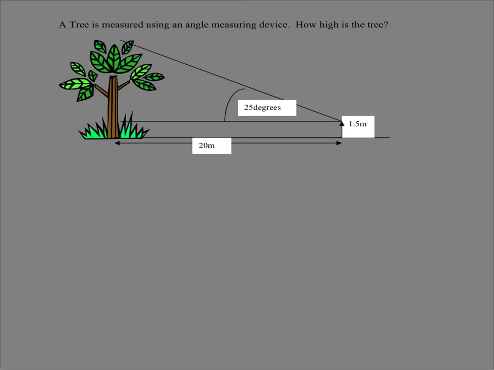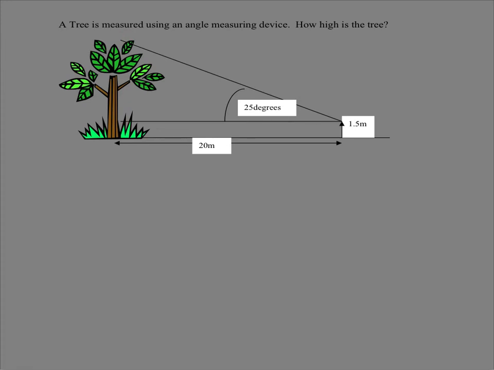We have a tree that's been measured from the height to the base is about 25 degrees. So 25 degrees is going to be our angle of reference. Now, what do we have to work with? Well, we know that the base is 20 meters, and we want to find the height.